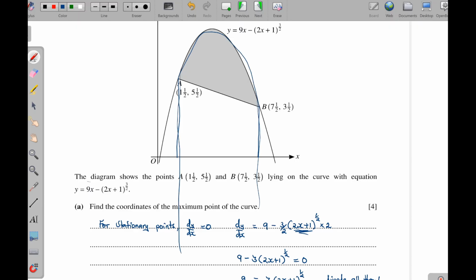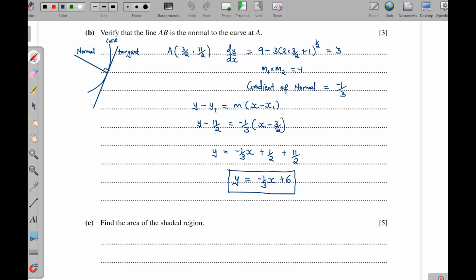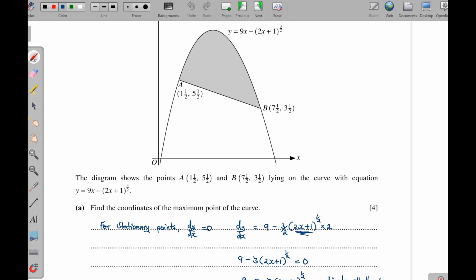It is going to be the whole of that, then minus this area under this line here, or we can say the area of this trapezium. So we are going to get the one which is above minus the one that is below, as simple as that. So we shall have the shaded area, which is equal to the integral. The x coordinates are 3 over 2 and then 15 over 2.